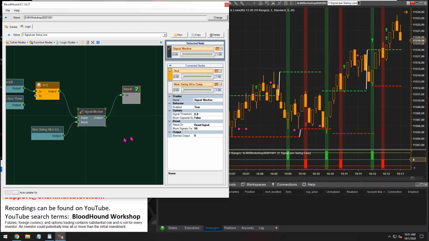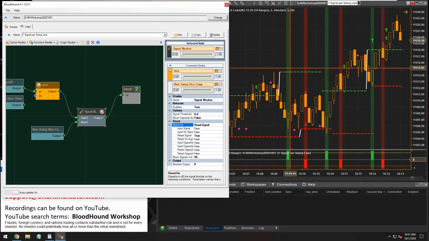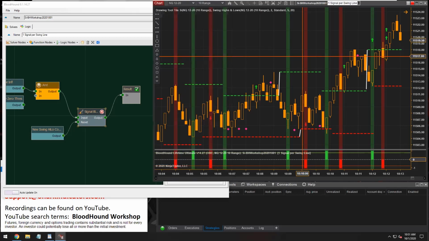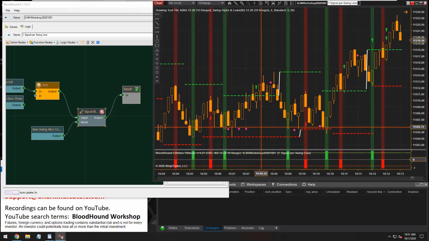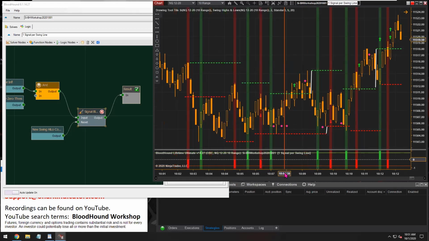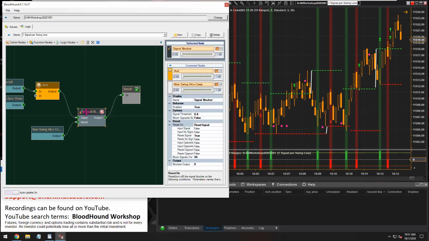So the signal blocker, again, I set it to block for at least 50 bars, because it looks like these swing highs and lows don't last more than 50 bars. But if your swing lines are lasting more than 50 bars, then you do need to increase this number so that it exceeds the maximum number of bars each of these swing lines might last.